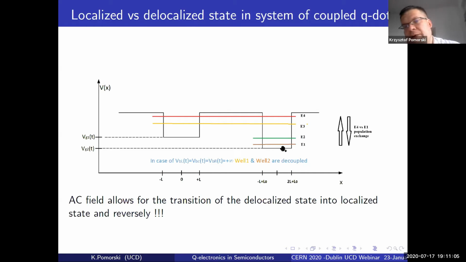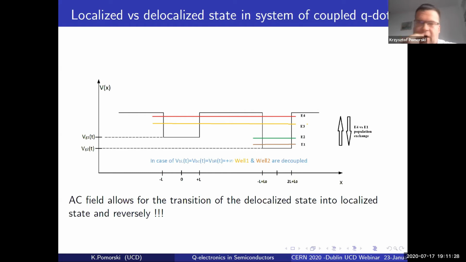And obviously, if you shine with some radio frequency signal, then you can populate eigenenergies A3 and 4, and so this localized state will be transferred to a delocalized state. So there are such possibilities.